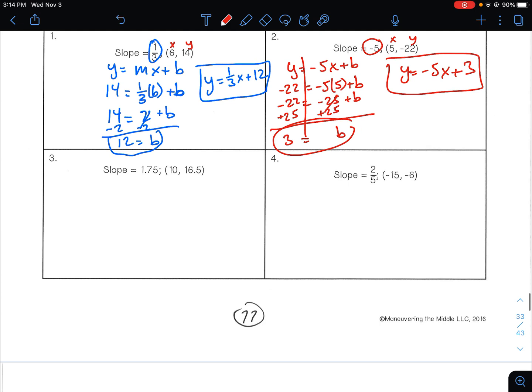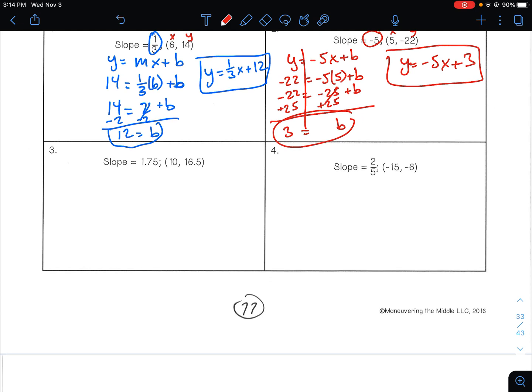Let's try number 3. Remember, this is x, and this is y, and our equation is y equals mx plus b. So y is 16.5, m is 1.75, x is 10, plus b. All right, 1.75 times 10 is 17.5 plus b.